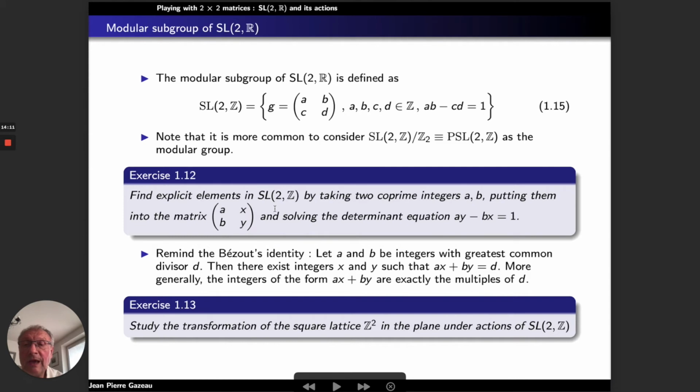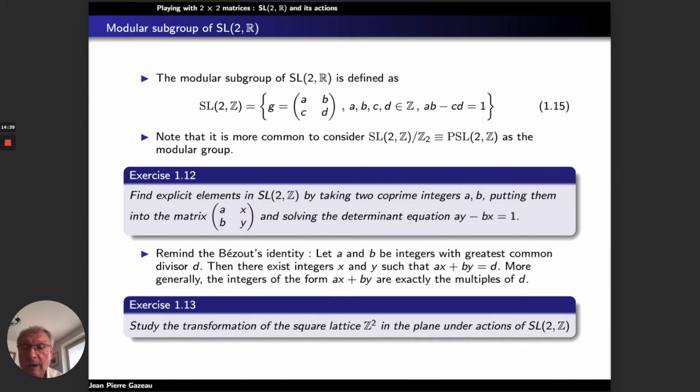So exercise 1.12, find explicit elements of SL2Z by taking two coprime integers A and B, putting them into the matrix (A, X; B, Y), and solving the determinant equation AY minus BX is equal to 1. So here I remind the Bézout identity.